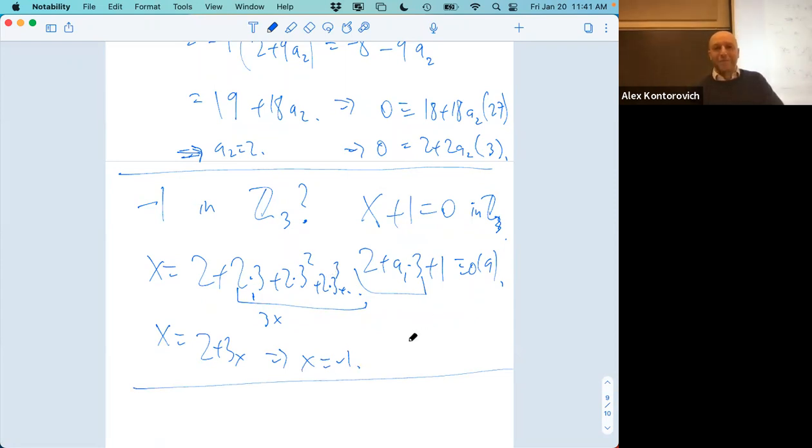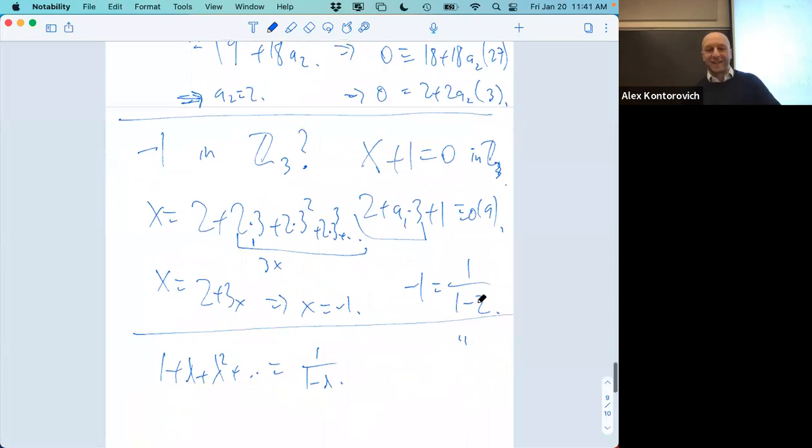You can look at -1 as 1 over 1 minus 2. And use the fact that 1 plus lambda plus lambda squared and so on is 1 over 1 minus lambda. So when I put lambda equals 2, it almost works. I was with you, until it stopped working.